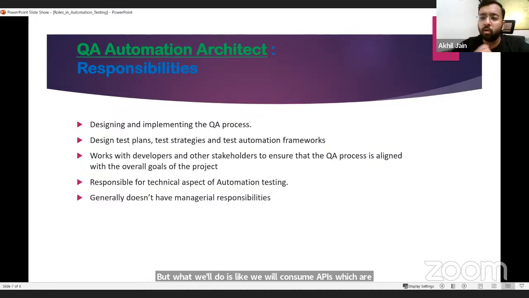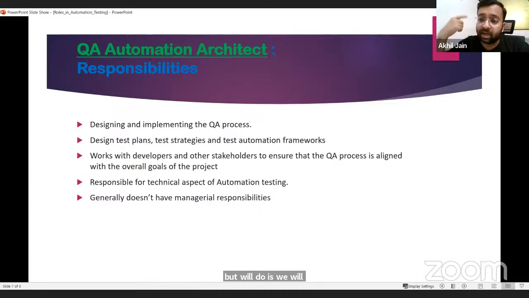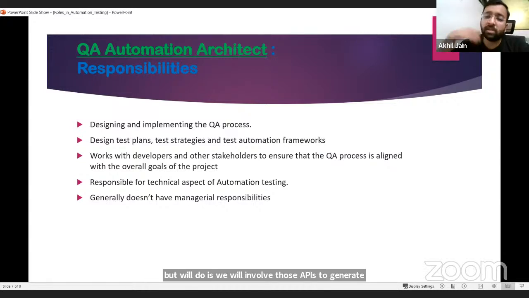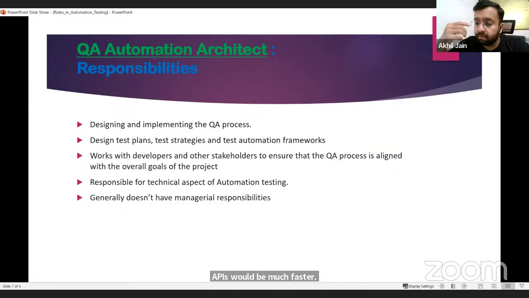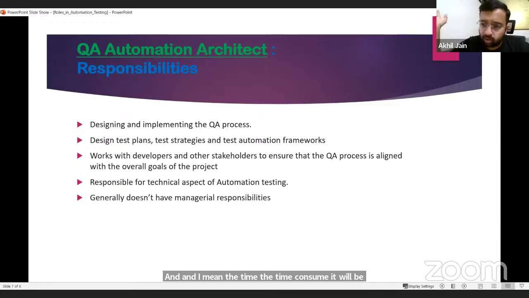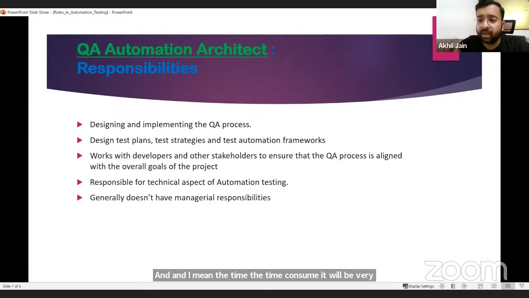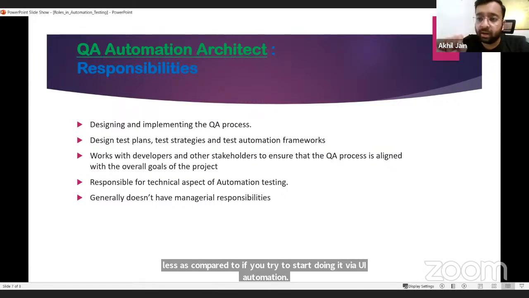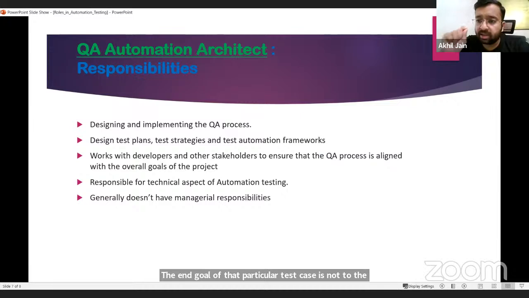We will invoke those APIs to generate the test data, because test data generation using those APIs would be much faster, and the time consumed would be very little compared to doing it via UI automation. The end goal of that particular test case is not to generate data, right? The end goal of the test case is to validate the one specific requirement which you intend to validate.